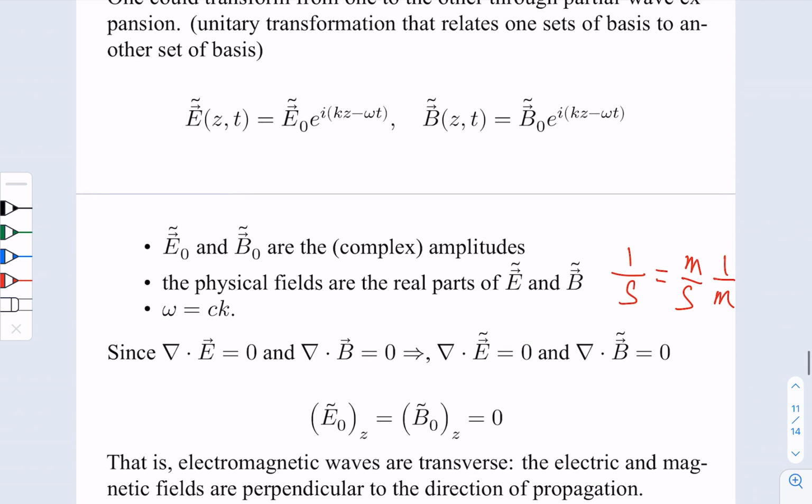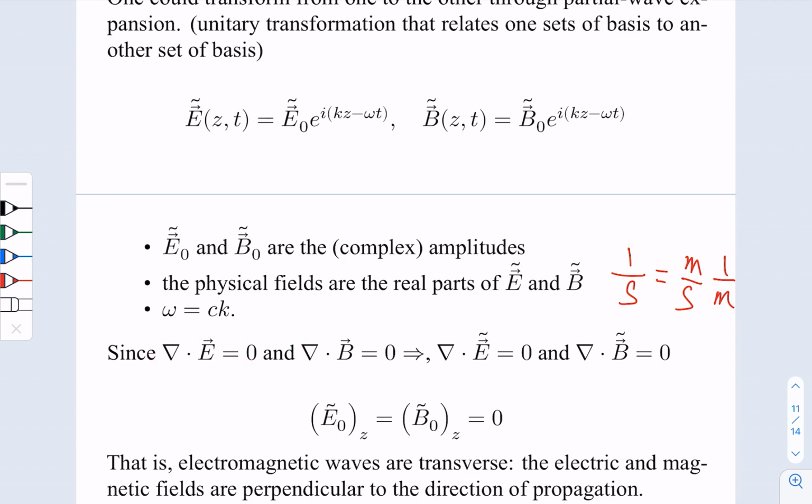Now, we know that the Maxwell equations give some sort of wave equations, but not only are they waves, they are particular types of waves, because we know that the divergence of E and the divergence of B must be exactly 0. Likewise, the imaginary part of this complex E and B also obey the exact same relationships.